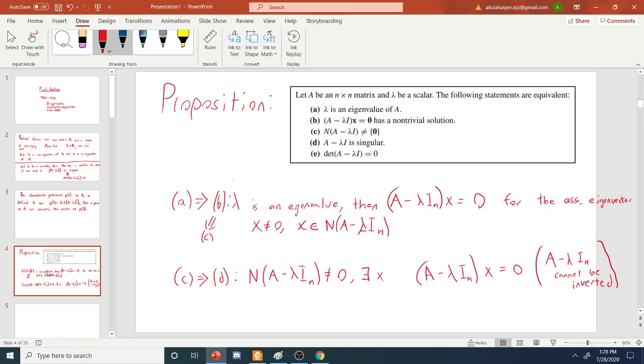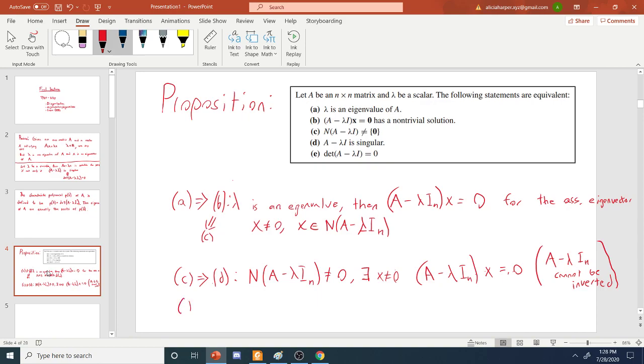Because if it could be inverted, then I could multiply both sides of this equation by its inverse, and that would show that x is equal to 0, but we've assumed that x is not equal to 0. So that shows that C implies D.